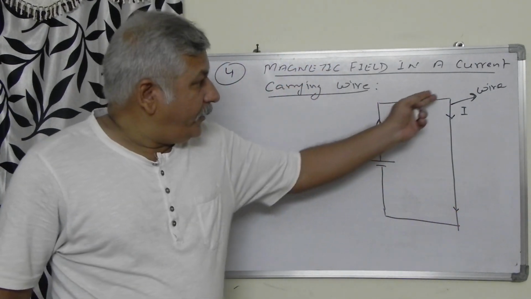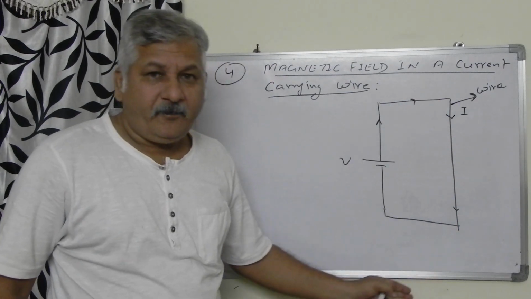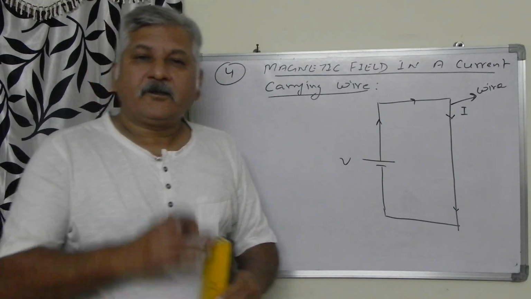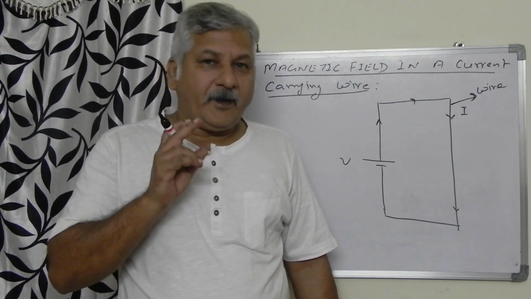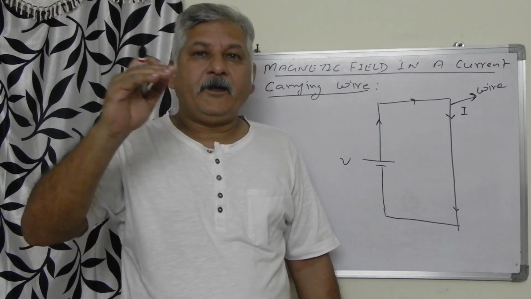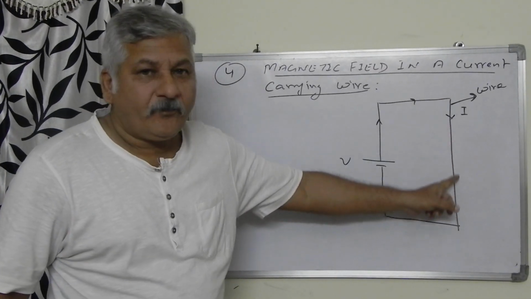So in a current carrying wire, in one straight wire, the magnetic field will be circular type, and the magnetic field will be perpendicular to the plane through which the current is flowing.